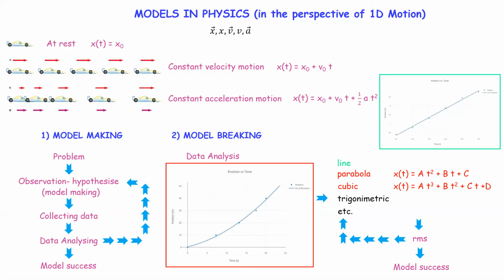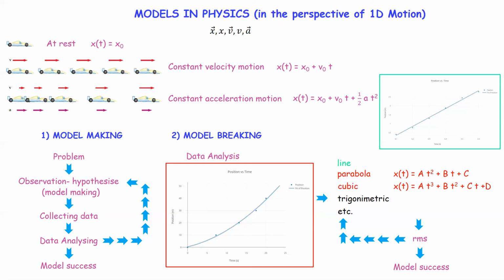Make Tracker determine the parameters and also the root mean square, which is the error analysis. If it's comparable to your measurement errors, then you are done. If not, continue the circle, just like in the case of the first method.